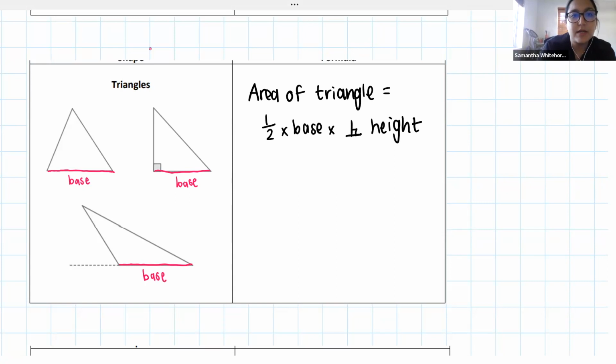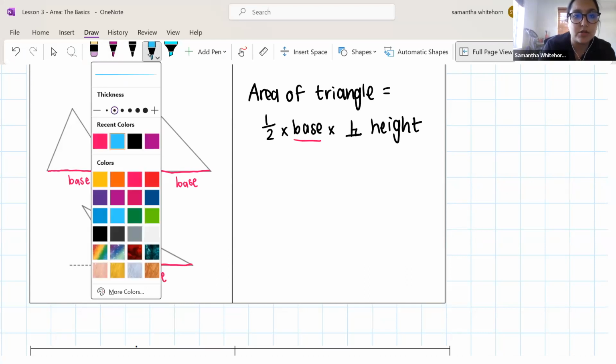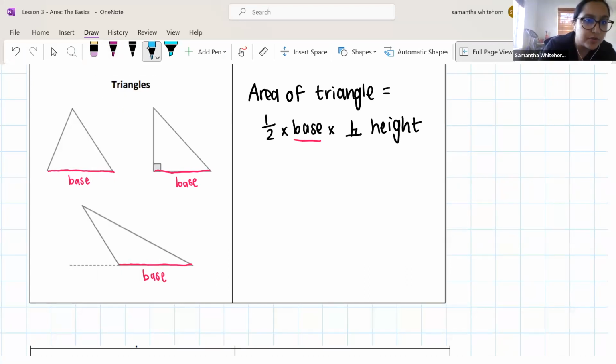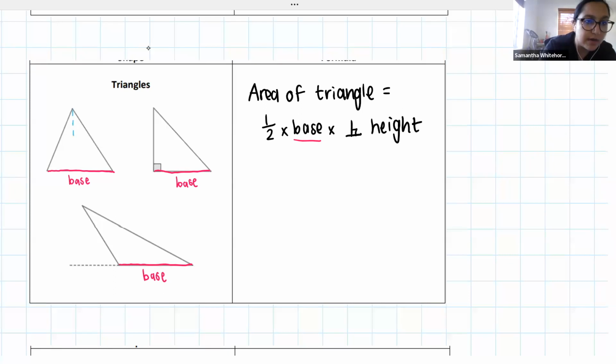The perpendicular height is a very fancy way to say the height from the base to the tallest point of our triangle. So for this first acute angle triangle, my perpendicular height would be this dotted line over here. In my right angle triangle, it would be this length over here. And remember, we could use Pythagoras in a right angle triangle.